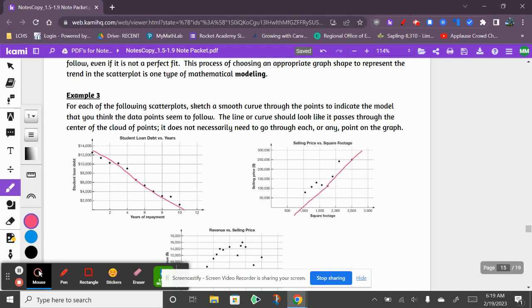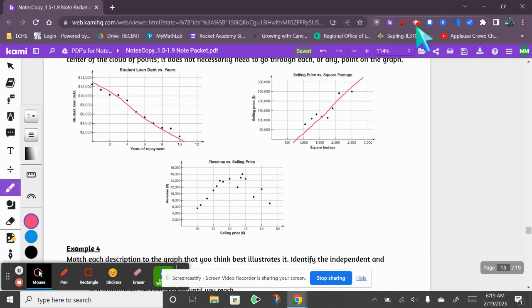Same idea, oops, let me go a little bit higher with that one. Like that, about half our points are above, half our points are below. Now this one curved a little bit, so we can see it going up and then it going down. So we're just going to show that U shape with that.